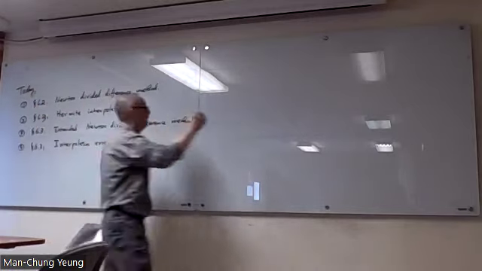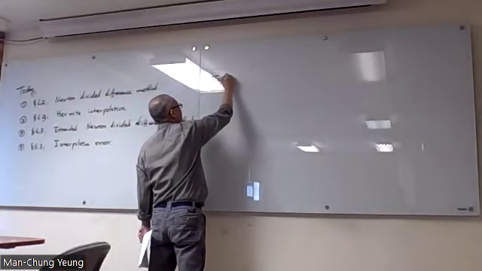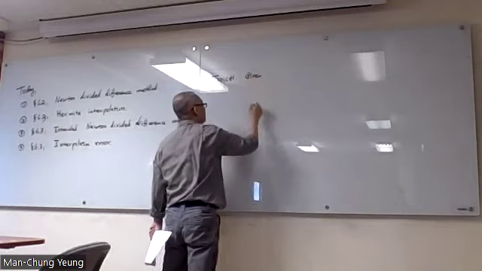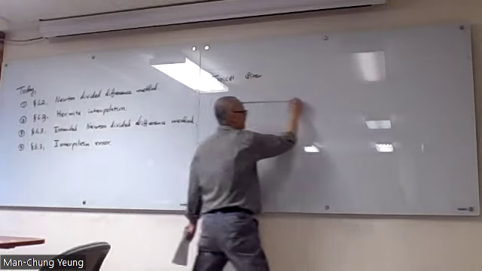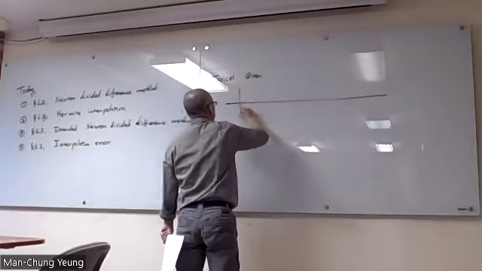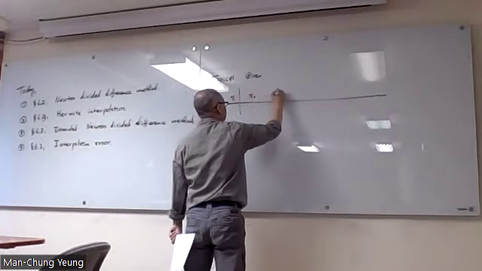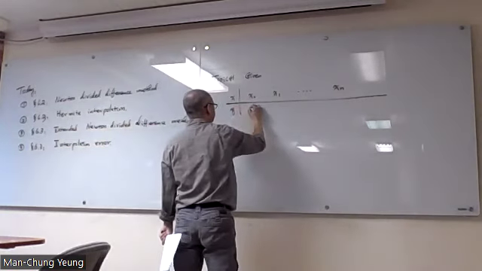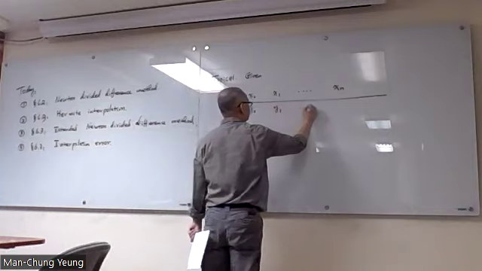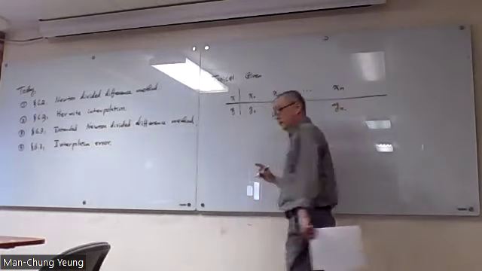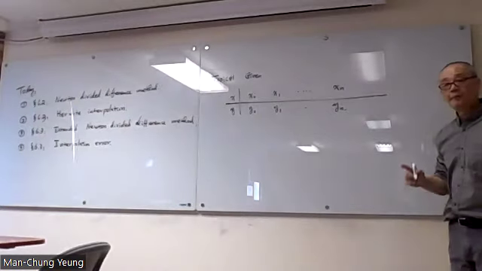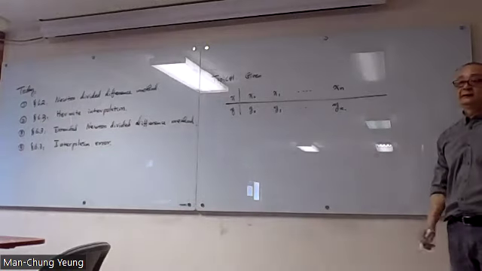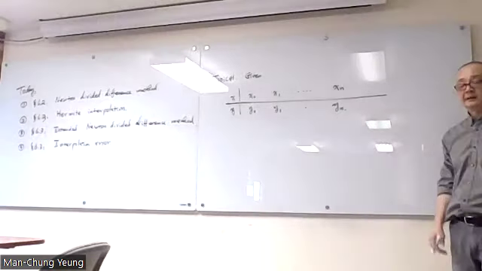Right, now topic 1. Given a table of data, there is one and only one polynomial of degree less than or equal to n that passes through all the data points.